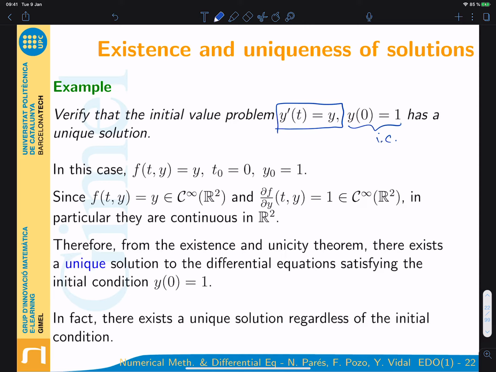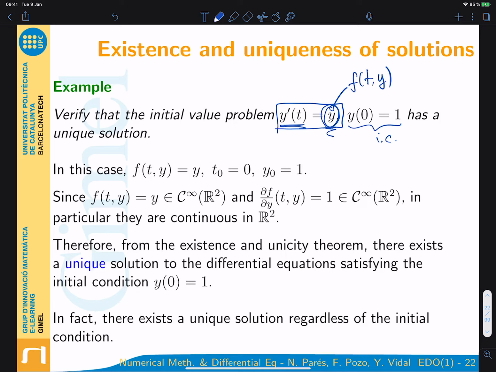What we can do is check whether the hypotheses of Picard's theorem are met. Now, in this case, who is the function f of t, y? It is whatever is in the right-hand side when the ODE is written as y prime(t) equals something else. So in this case, f of t, y is just this function y.